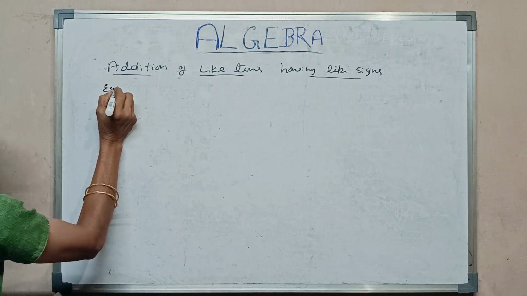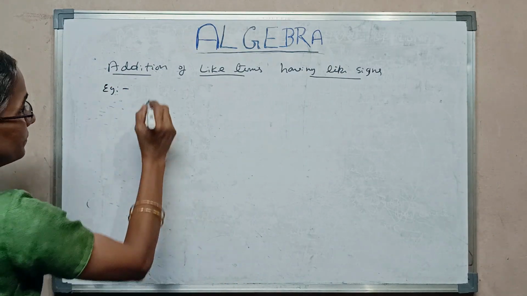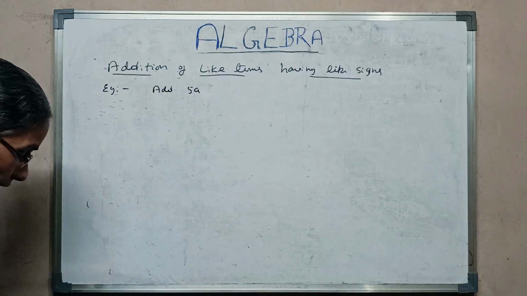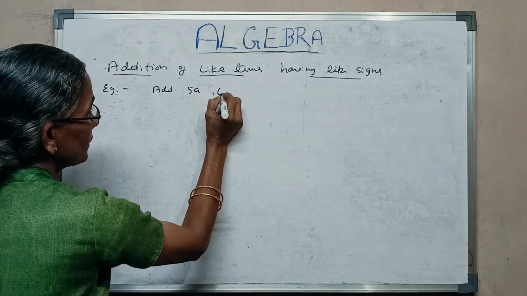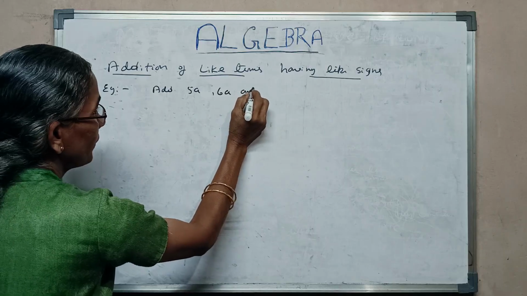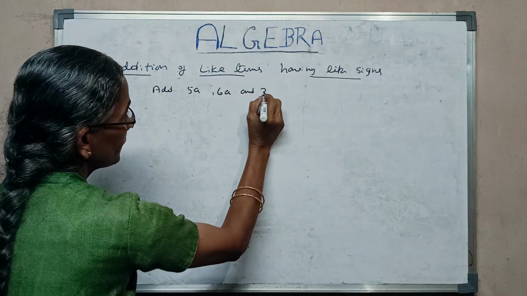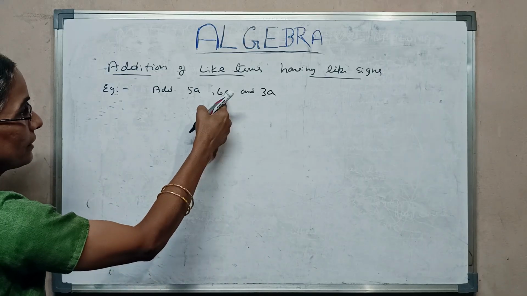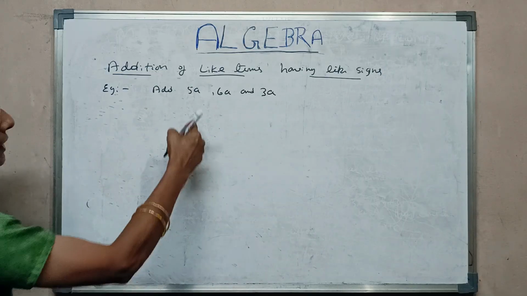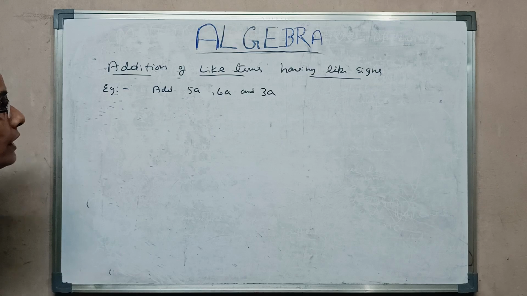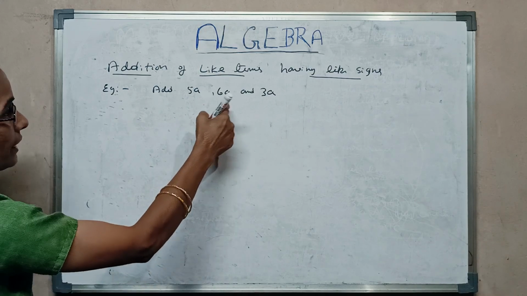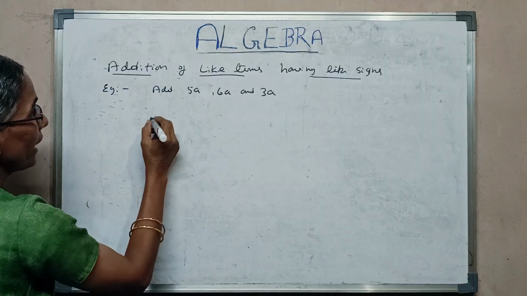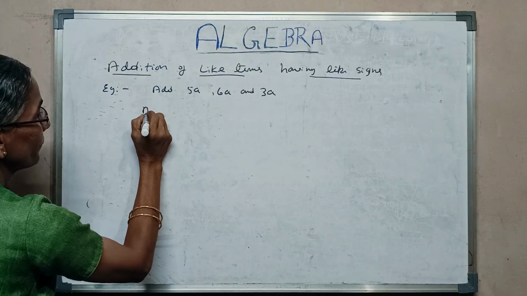Example 1: add 5a, 6a and 3a. Here the like terms are 5a, 6a, 3a. The variables are the same, a, and like signs means here all signs are plus. Add means adding the numbers.